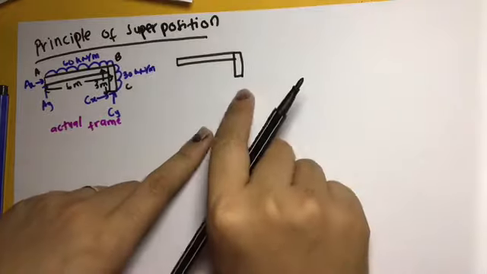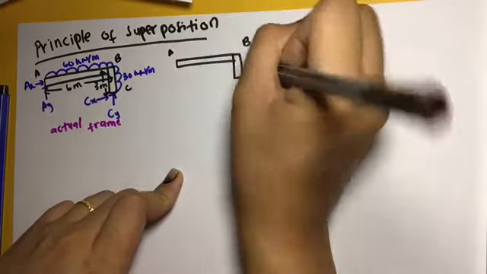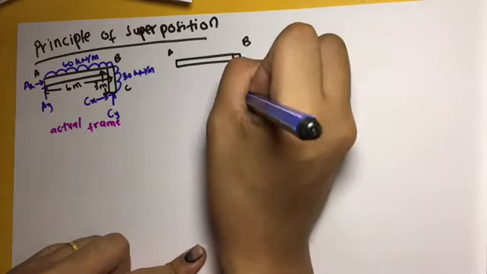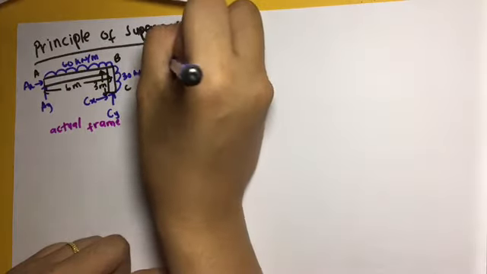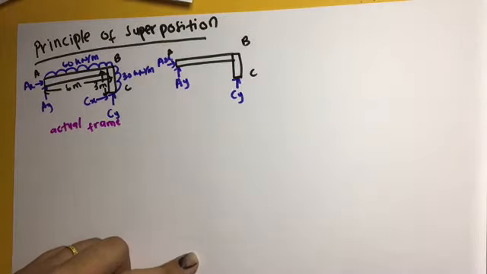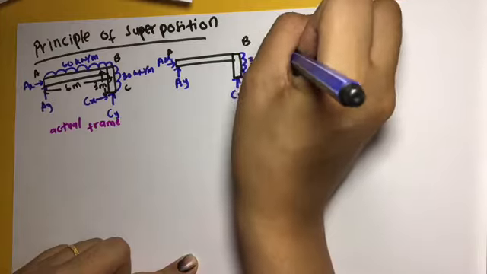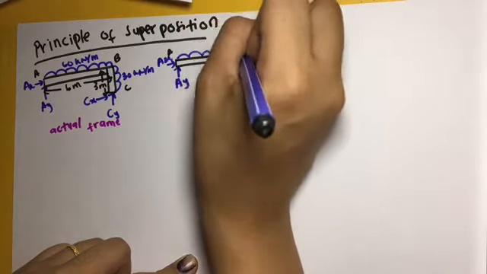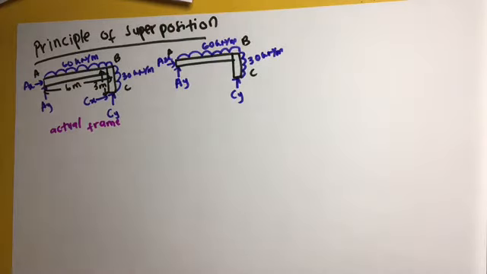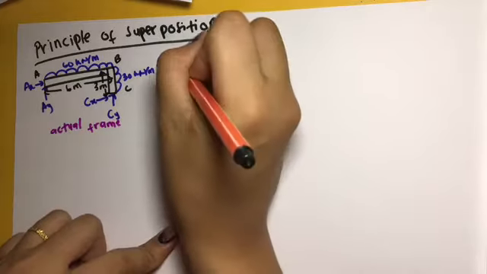So let's draw the free body diagram again. I'm changing this to a roller, right? So let me draw A, B, and C. A roller has only a vertical reaction. So here we have, as usual, AX and AY. Here we put 30 kilonewton per meter. Over here we have 60 kilonewton per meter. Then we draw the deflection curve in this structure.